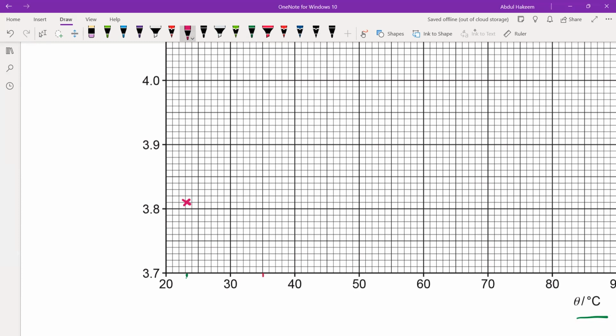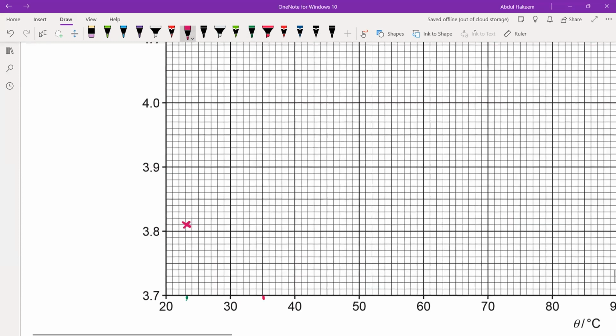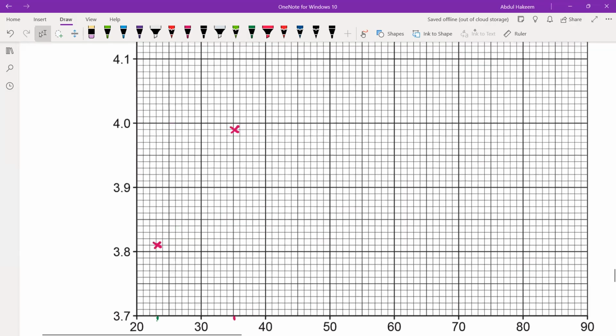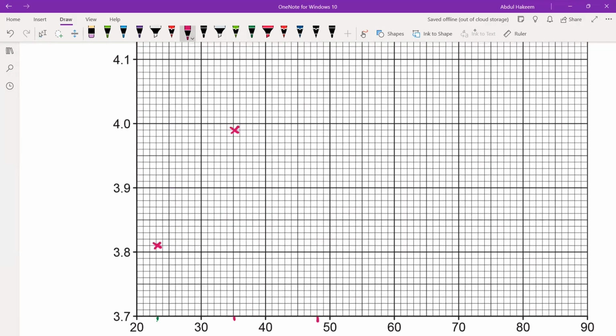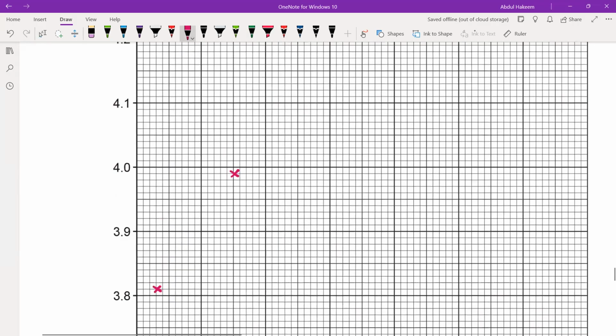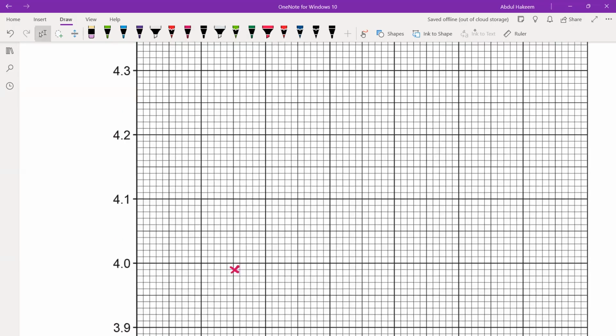So 35 at the x-axis and 3.99. This is the point. And the next is 48 and 4.16. This is 48 at the x-axis and the y-axis is 4.16. So 4.16, this is 4.1, 4.15, and this is 4.16.